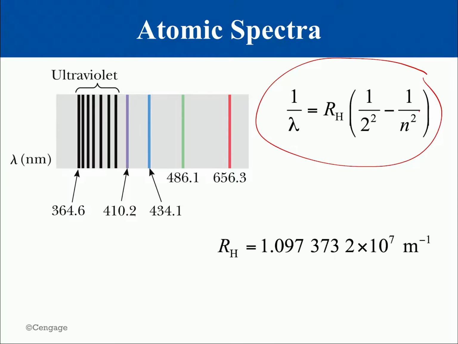But any value larger than 2 is completely allowed for our integer n. For example, the line at about 490 nanometers corresponds to an n of 4, and so on. The constant in front, R sub H, is called the Rydberg constant. This is an empirical constant that fits the integers to the particular wavelength of light, all on the scale of nanometers for visible light.